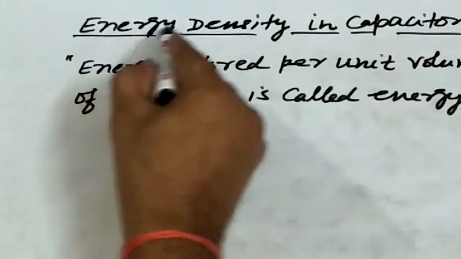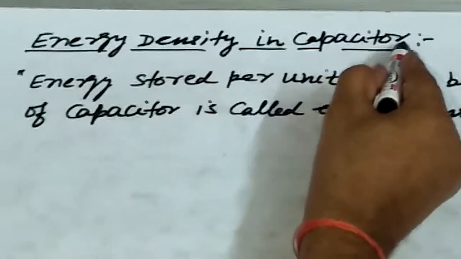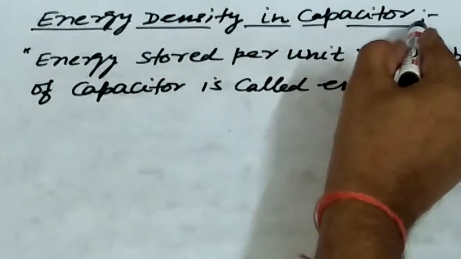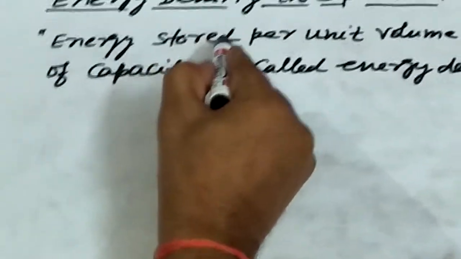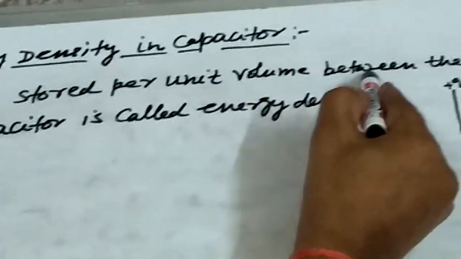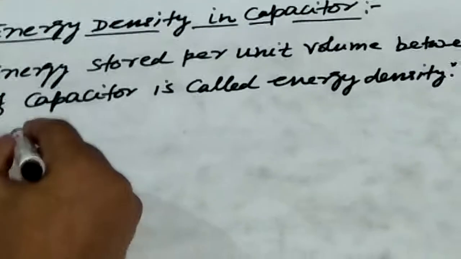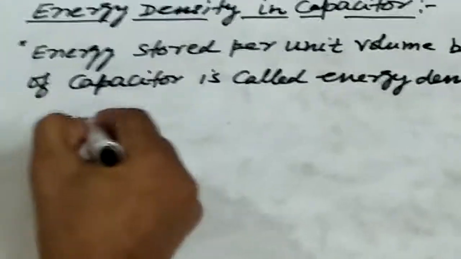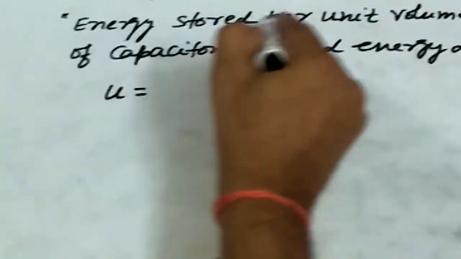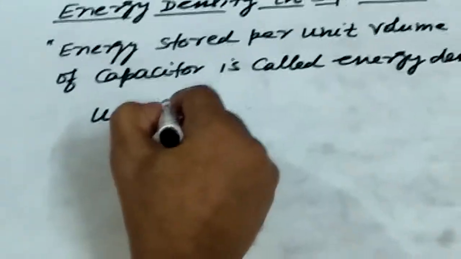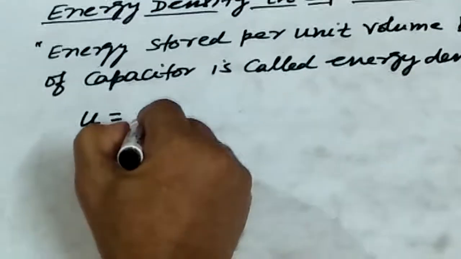Now, the next topic is energy density in a capacitor. Energy density in a capacitor is the energy stored per unit volume between the plates of a capacitor. Energy density is denoted by u, and u is equal to the energy stored, denoted by capital U, per unit volume.